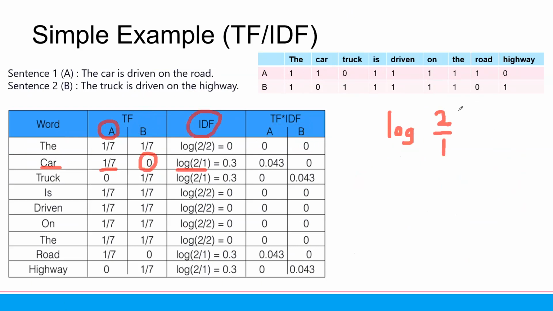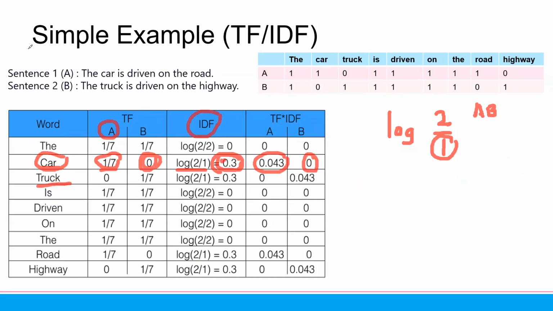We have two documents, A and B, but among those two documents, only one document contains the word car. So that's why we have log 2 divided by 1, and we have the value 0.3. So in this case, we have 1 over 7 multiplied by 0.3. We have the value for A, 0.043. For B, 0 multiplied by 0.3 is 0.